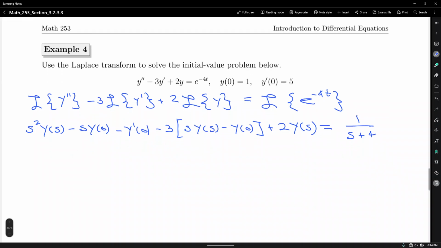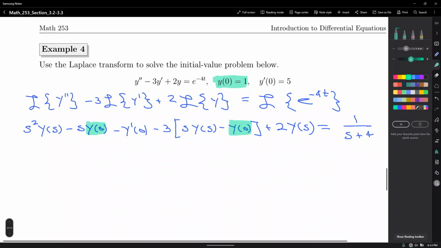All right. Okay. So number one, let me highlight some information here. So y of 0 equals 1. This is the y of 0 we're going to substitute here. There's another y of 0 here to substitute. Yes. Number two, that is y prime of 0 equals 5, which is this y prime of 0.